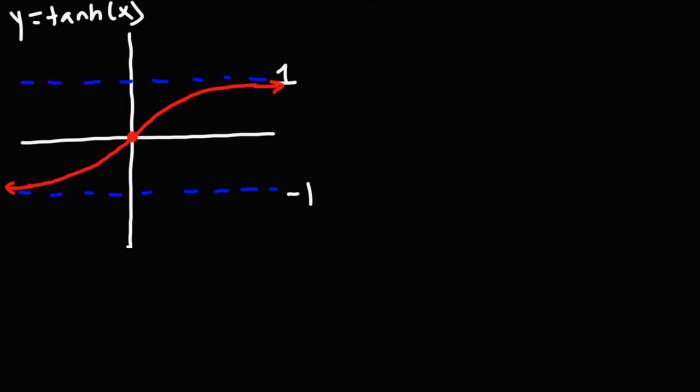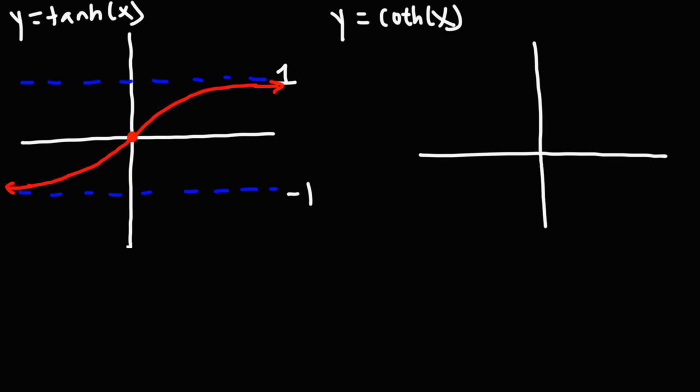So now that we know the graph for hyperbolic tangent, let's focus on the reciprocal graph, hyperbolic cotangent. So what can we say about hyperbolic cotangent? Now over here the y value is 1. If we were to find the reciprocal of that, 1 over 1 is 1.